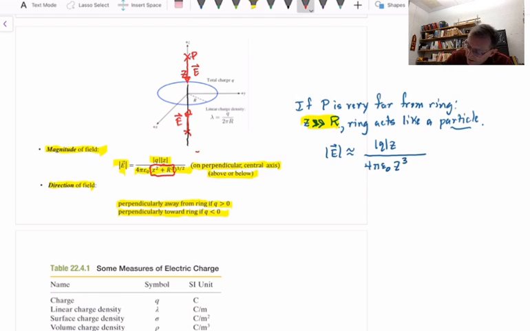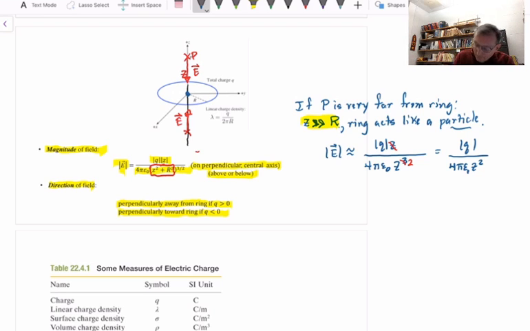But I have a z upstairs and a z cubed downstairs, so that simplifies to magnitude Q over 4 pi epsilon 0 z squared, just as if the ring were actually a particle with all its charge right there at its center. That's what it starts to behave like if the point P is far away. That should seem reasonable, and that's what comes out of the math. But that's just a special limiting case. I just want to show you that that weird-looking answer becomes something more familiar in the distant limit.